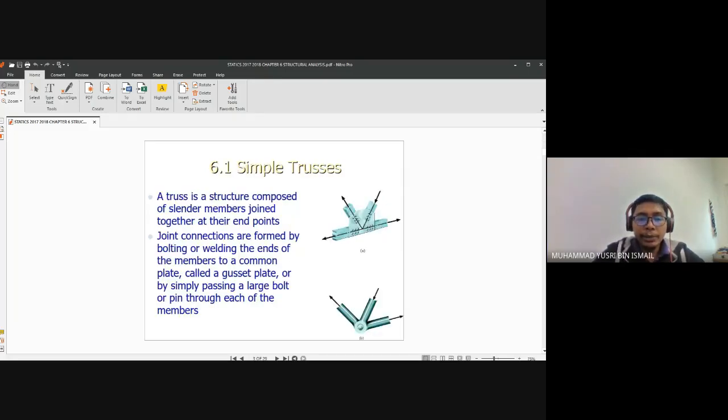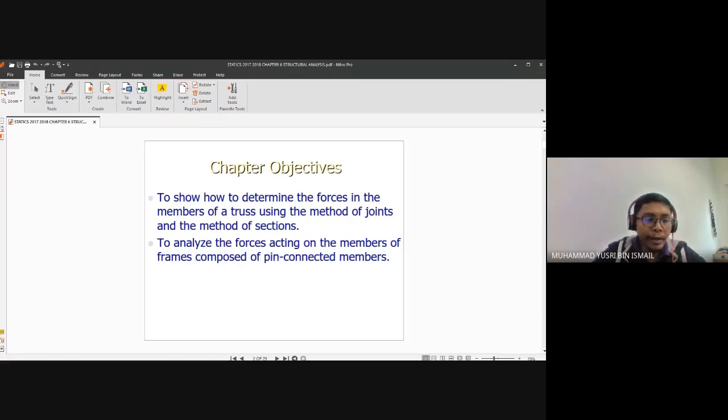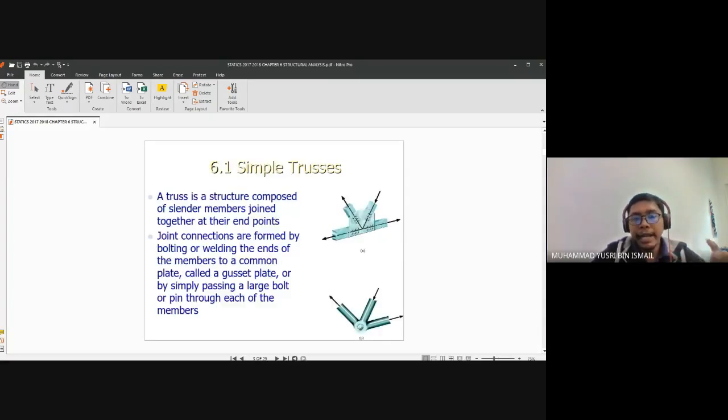You are going to use some of your knowledge of equilibrium of a rigid body in this chapter because you still use the summation of all the forces in x direction, and you also need to calculate moment in order to determine the support reaction forces, but the analysis is towards trusses.